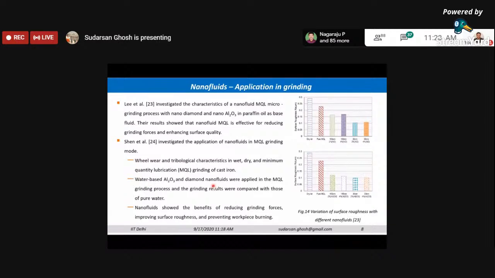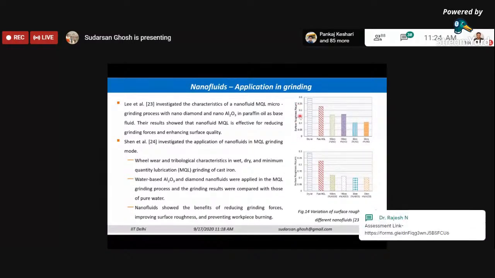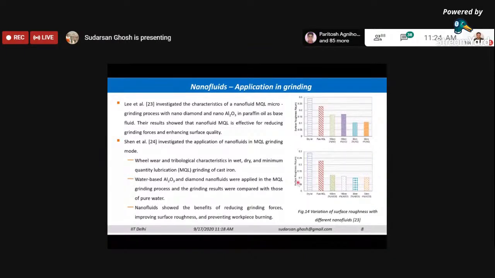These are works which have actually motivated us to use these nanofluids in our machining and grinding activities. As you can see, nano diamonds have been used, and also nano alumina, and researchers have reported that with the usage of nano diamond or nano alumina, a substantial improvement in surface roughness was achieved.